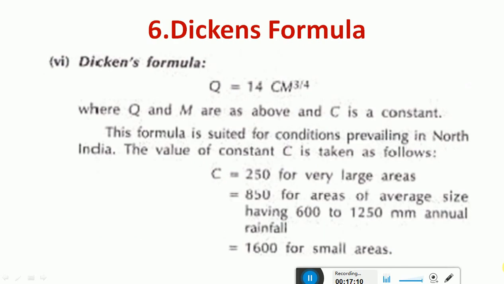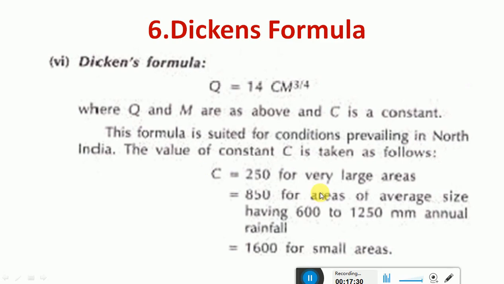Then you have Dickens formula. Q is equal to 14 C m to the power of 3 by 4, where Q and m are the same as above, m is the area and C is the constant. Q is the quantity in meter cube per second. This formula is suitable for conditions prevailing in North India.